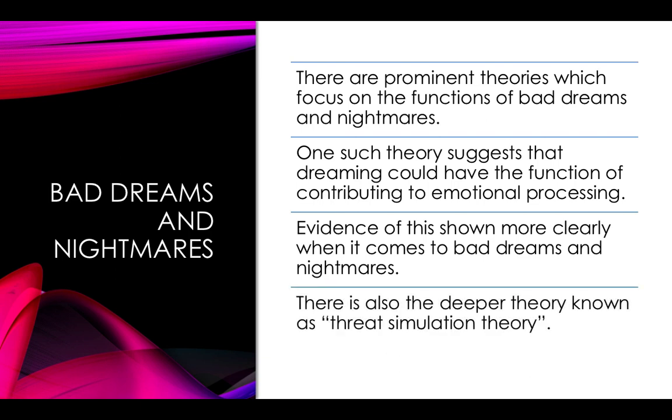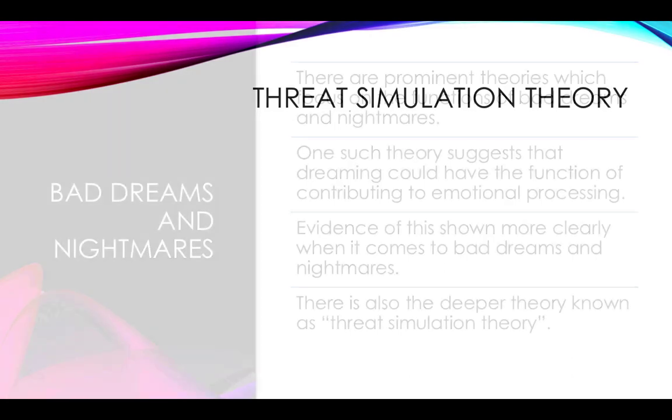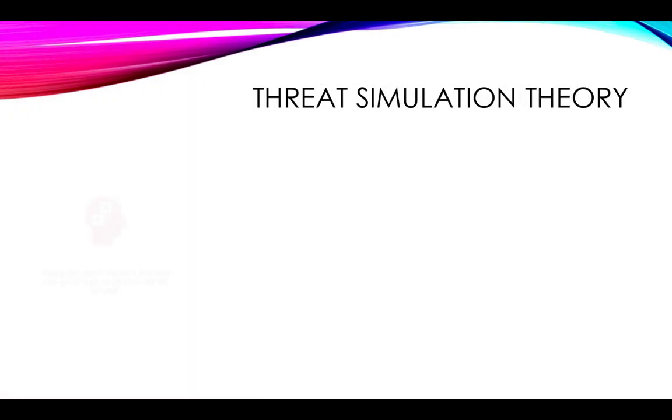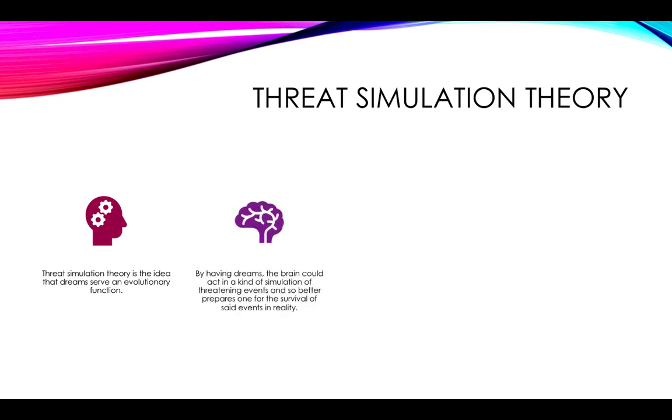There's also a deeper theory known as threat simulation theory, which is really where we're going to begin when we start to look at the functions of dreaming. Threat simulation theory is the idea that dreams serve some kind of evolutionary function: that by having dreams, the brain could simulate threatening events so as to better prepare one for the survival of said events in reality.